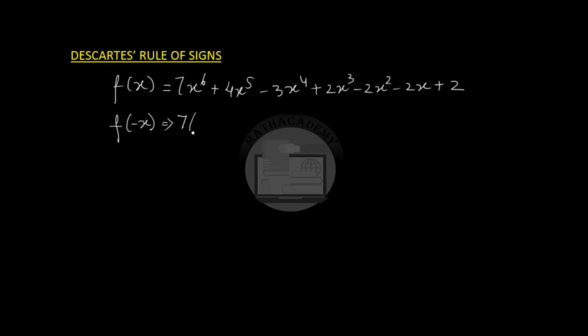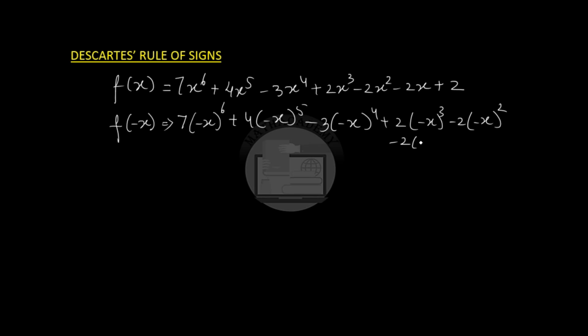To find f of negative x, all the x will be replaced by a negative x. So minus 2 times negative x and a positive 2. So here negative x raised to 6 gives you a positive x raised to 6, so it becomes this.